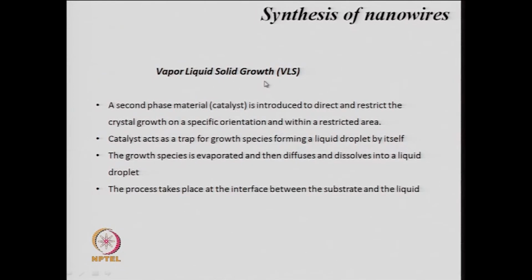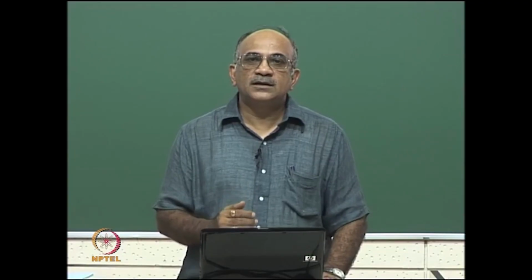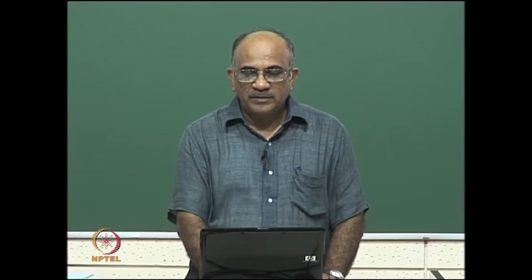In some previous module also, we have introduced you to this subject of vapor liquid solid growth during our lectures on growth of nanostructures in general, and there also we showed how anisotropic nanostructures can be made using the vapor liquid solid growth. And here, since we are discussing nanowires, which is of course an anisotropic structure, hence it makes sense to discuss this method again, giving examples for the synthesis of nanowires using the vapor liquid solid method.